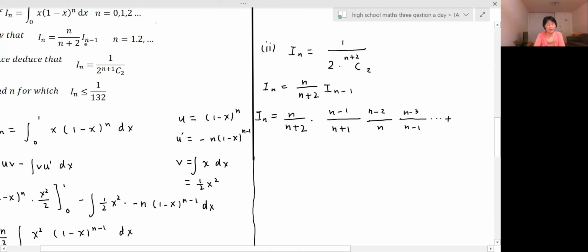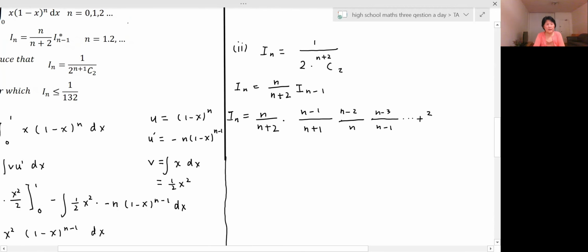If n is 2, so this will be 4. And this will be I_1. So for I_1, using 1 to replace n will be 1 and 3, and I_0.